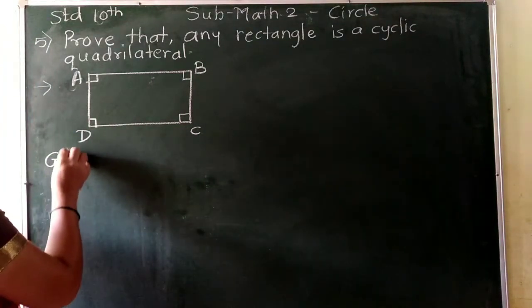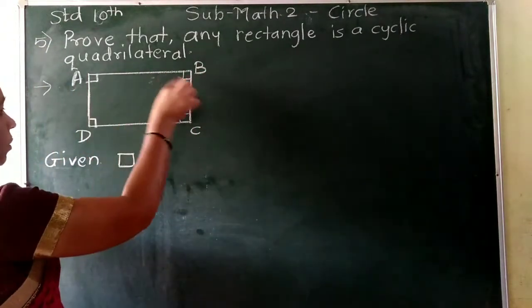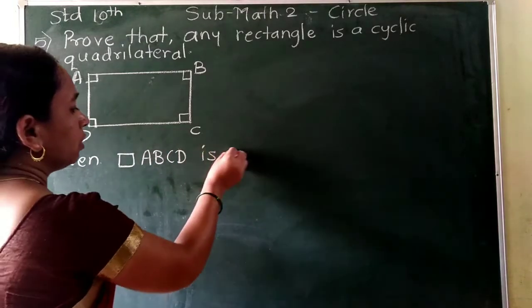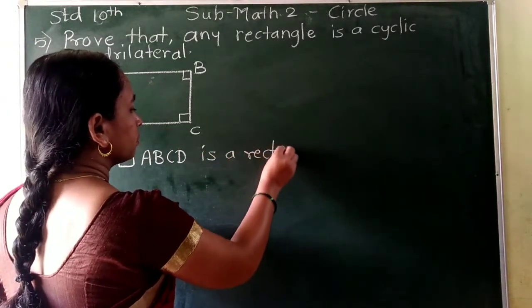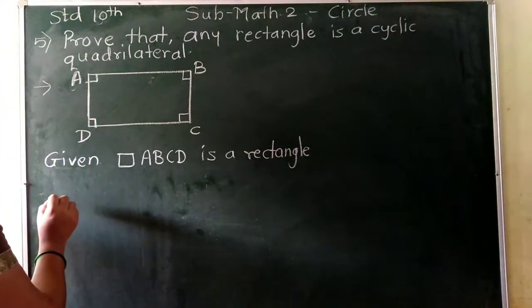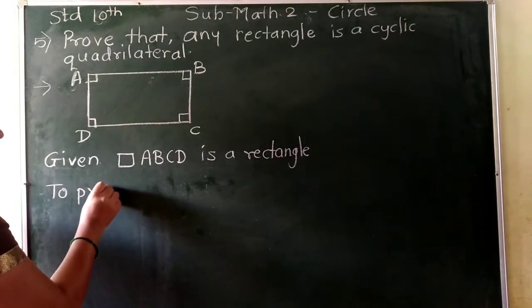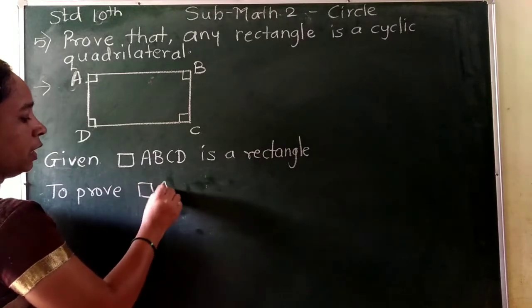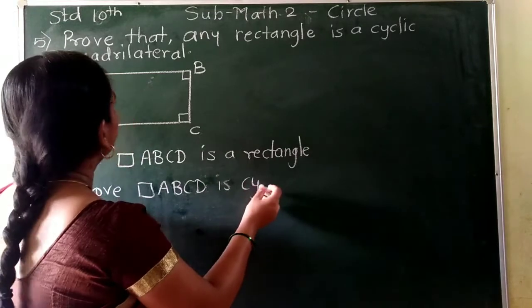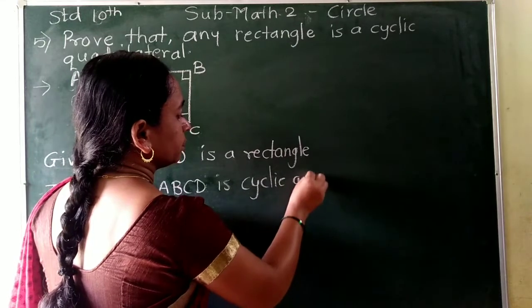So given any rectangle, here I have taken A, B, C, D. So ABCD is a rectangle. If it is a rectangle, we have to prove that ABCD is a cyclic quadrilateral.